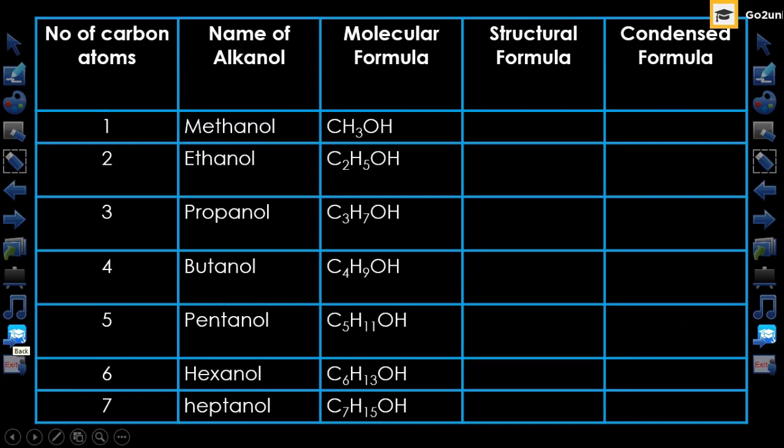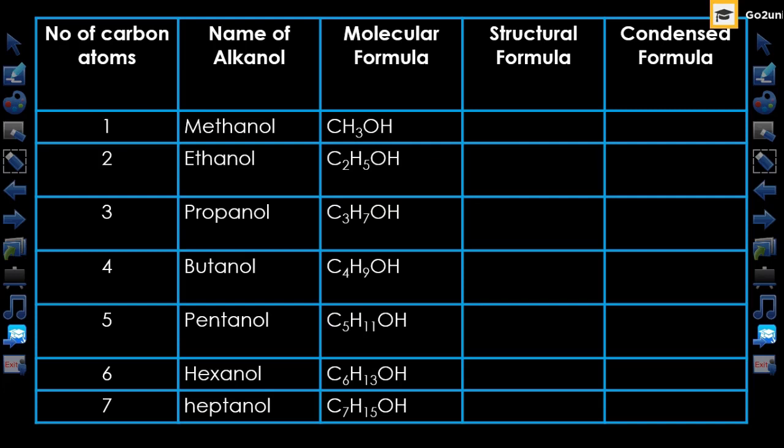We have ethanol, propanol, butanol, pentanol, hexanol, heptanol. So when we look at the molecular formula of these compounds, we observe that each successive member differs from the previous member by CH2. So you can see in methanol we have CH3OH.